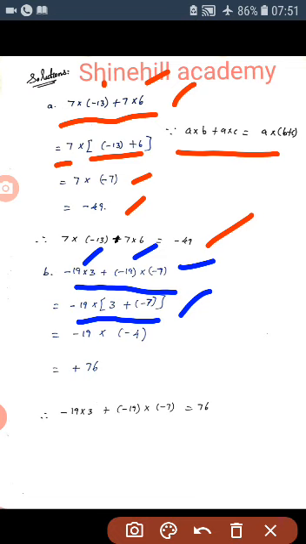Then minus 19 into minus 4: minus minus is plus, and 19 fours are 76. For example, 9 fours are 36, write 6, carry 3; 1 four is 4, plus 3 is 7. Therefore minus 19 into 3 plus minus 19 into minus 7 is equal to 76.